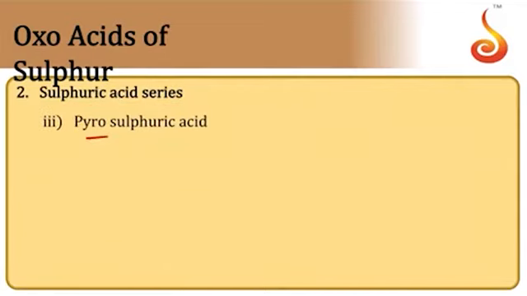Then pyrosulfuric acid. Again it can be assumed that from 2 units of sulfuric acid, you remove one water molecule and get pyrosulfuric acid. It is also known by another name, oleum, that is H2S2O7. Again one double bond O must be there on each sulfur atom.